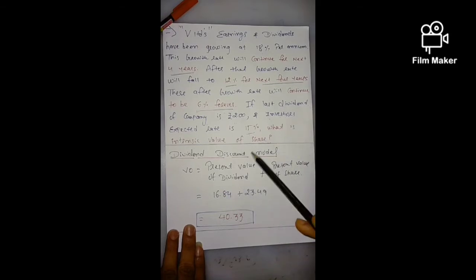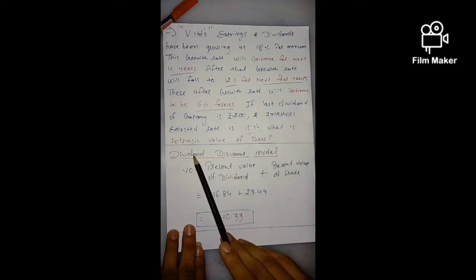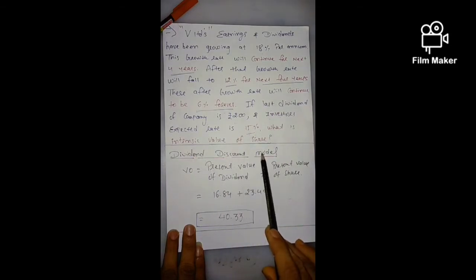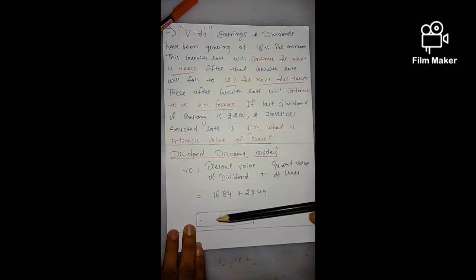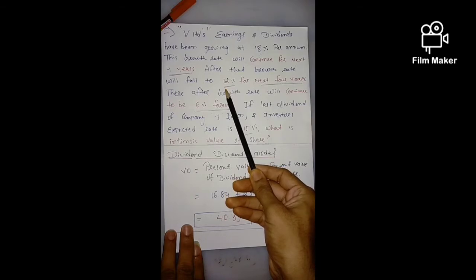With this information, how can we find the value of the share? This is considered a dividend discount model because there is more than one growth rate. First of all, we need to find the future dividends. As this is last year's dividend, our job is to find the dividend for the first, second, third and fourth year, which will grow by 18%. Then from year 5 to 8, it will grow by 12%.